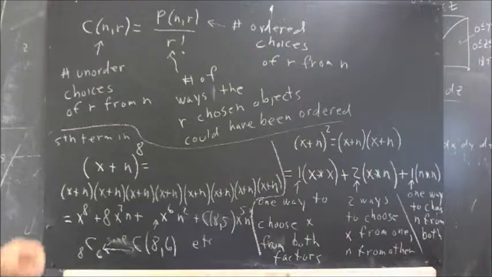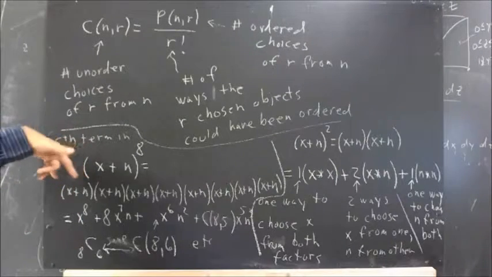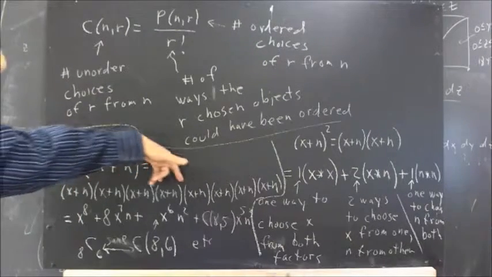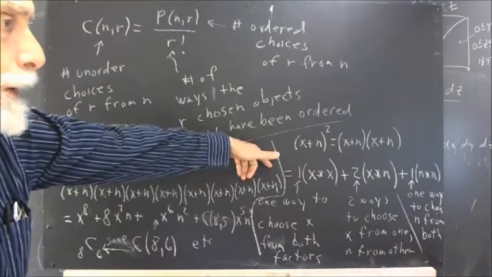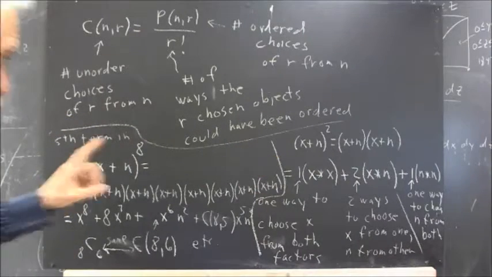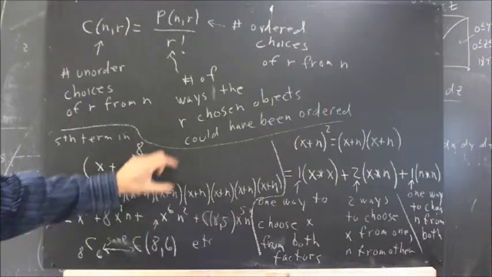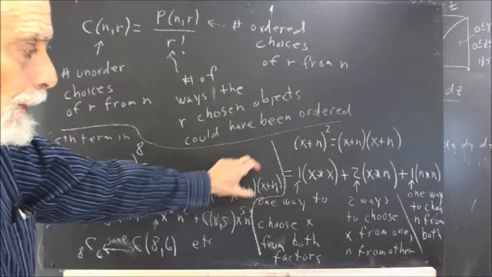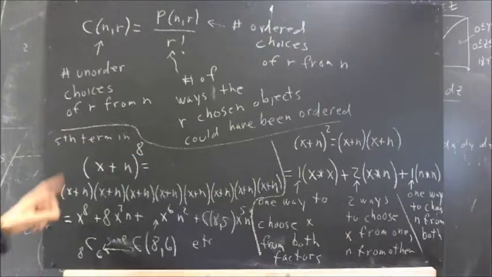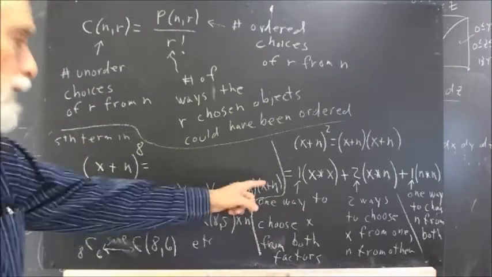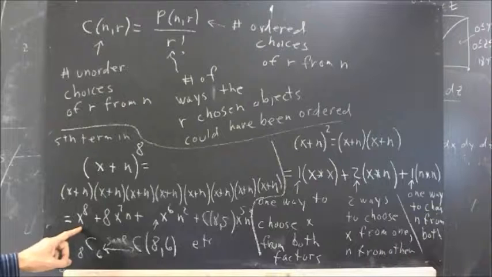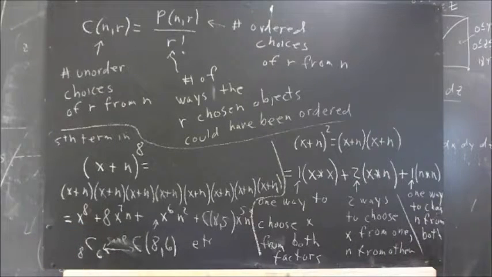To get x to the 8th, we have to choose x from all 8 binomials. There are only 8 binomials, so there's only one way to do that. So there's just one x to the 8th.